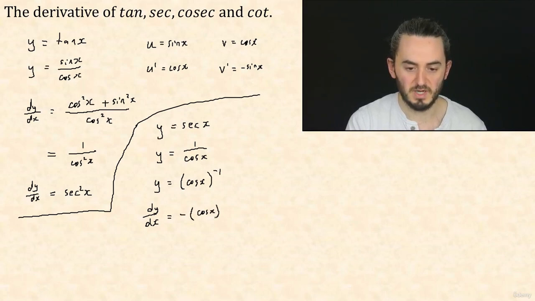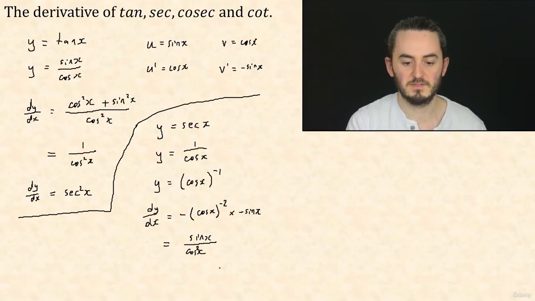Power drops by 1, so minus 2, then multiplied by the derivative of the stuff, which is minus sine x. Let's neaten this up then. Well, the minus and the minus cancel, and I've got sine x times cos x to the minus 2, which is sine x divided by cos squared x.